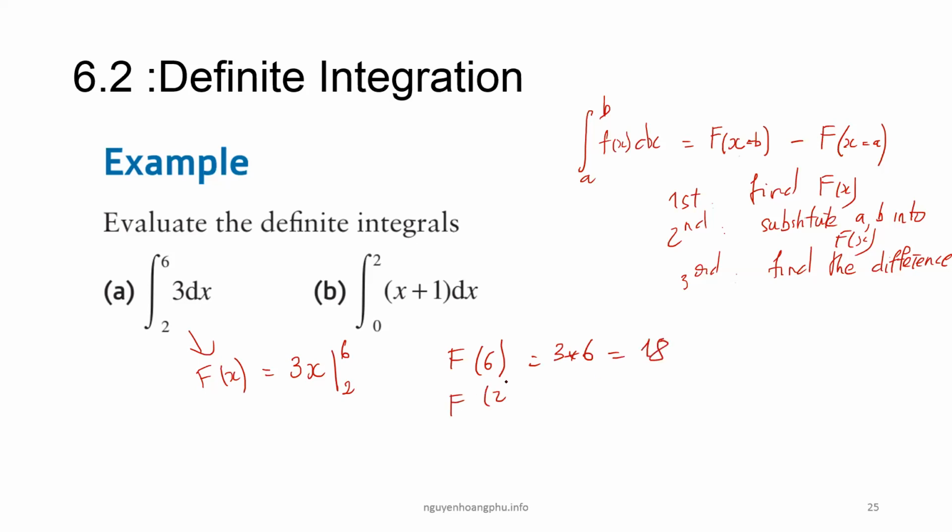F of 2 is equal to 3 multiplied by 2, which is 6. Therefore the integral of dx equals 18 minus 6, which is 12. Right? So now can you do it for the second case? It's quite simple, right?